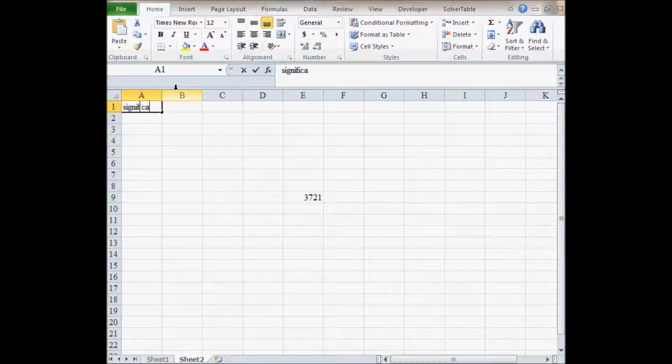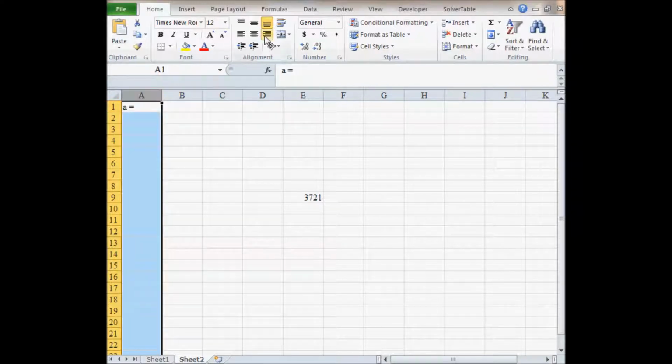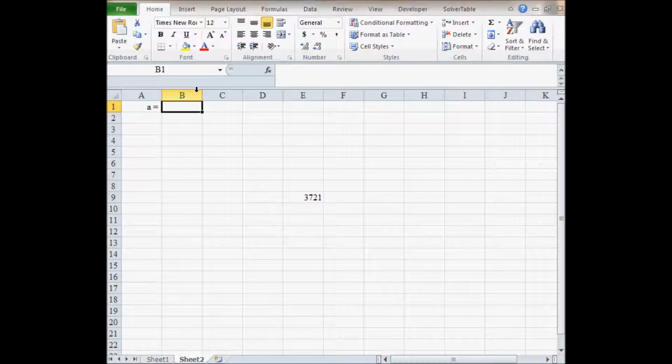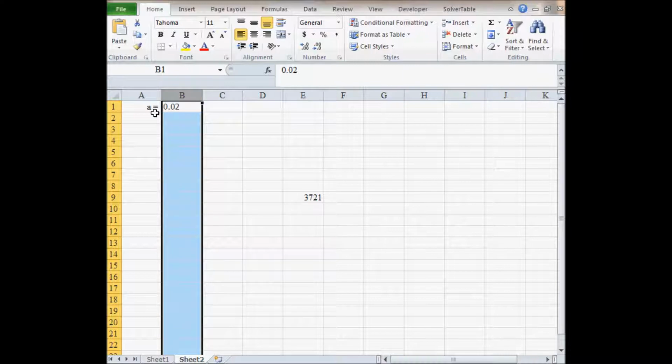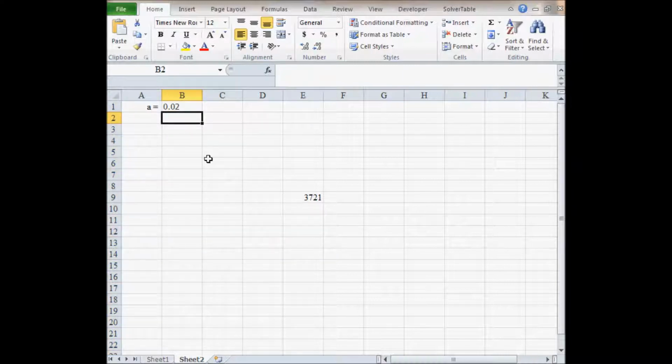So the significance level is equal to 0.02, and alpha divided by 2, because it's a two-tailed test, is 0.01.